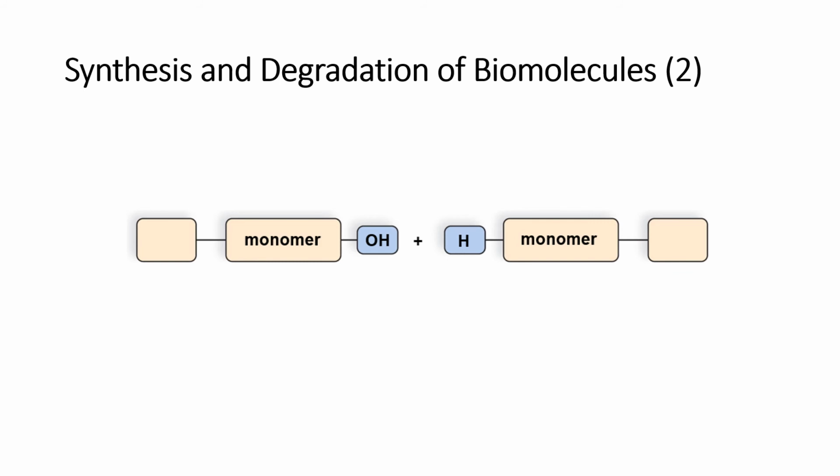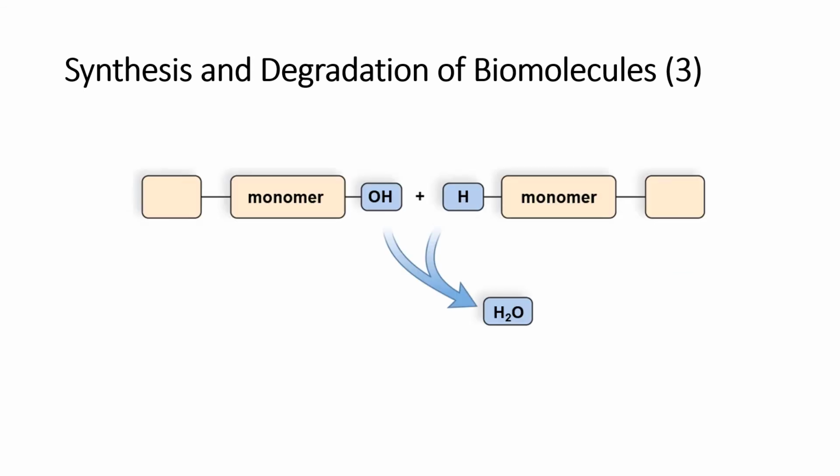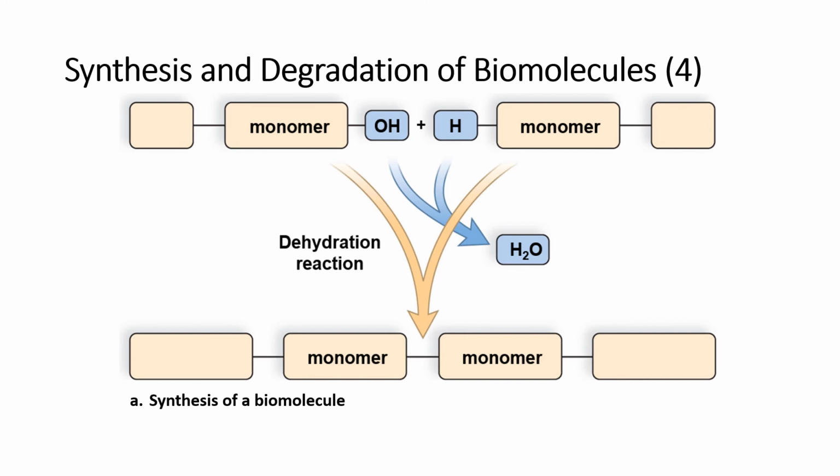So here's two monomers, and we're about to add them together. When we add them together, we're going to remove water. We get half of it from one monomer and half of it from the other. And we'll make this covalent bond.